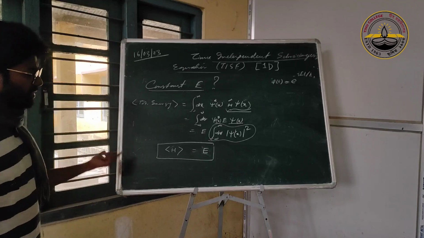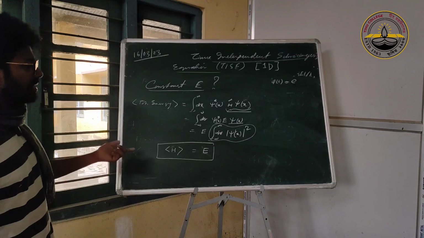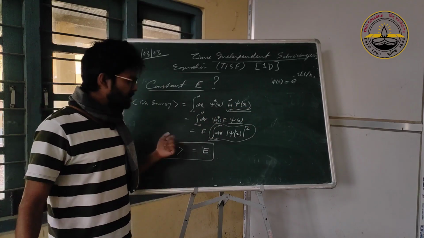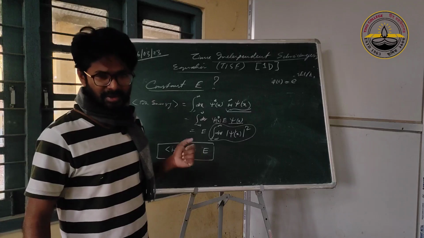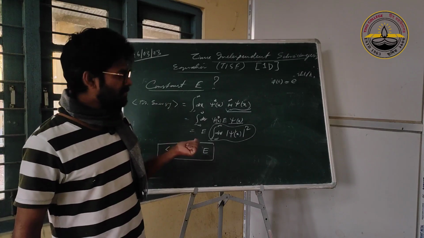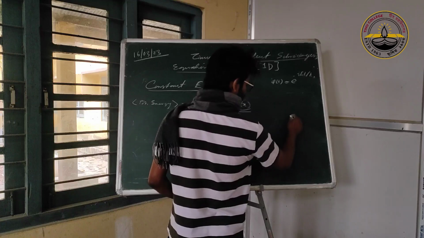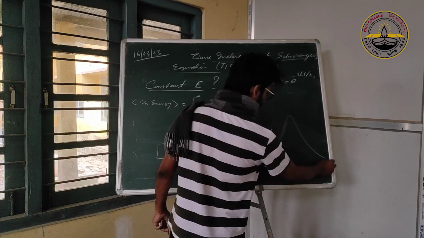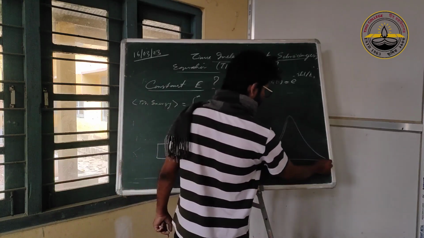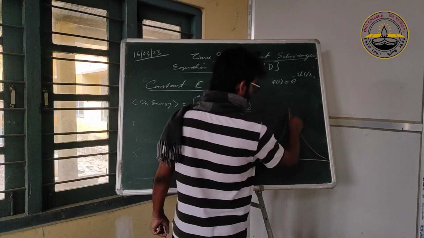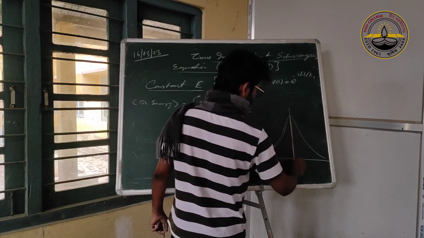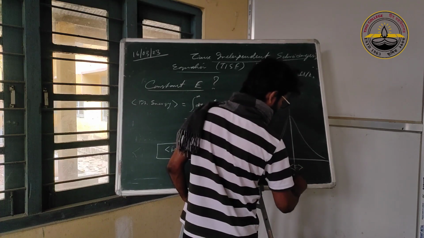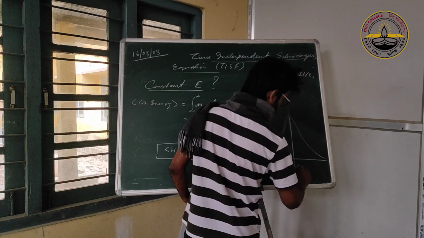But that, yeah, okay, that can happen. That does not mean that the energy corresponding to the state is exactly E. It just means that the expectation value of the energy is E. So what does expectation value mean? If you have some distribution of values, you have probability, you learn probability even in your thermodynamics, thermal physics, you know that this means this value is, let's say, the expectation value of energy equal to E. Okay?